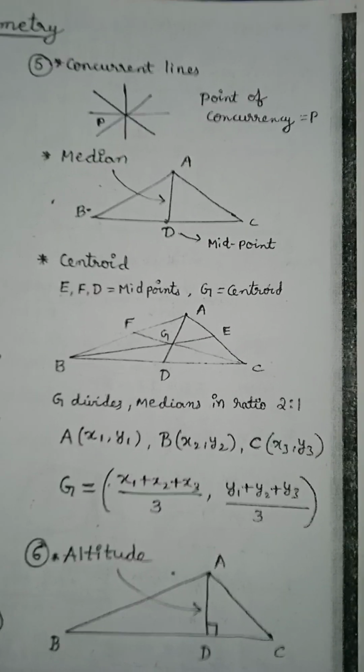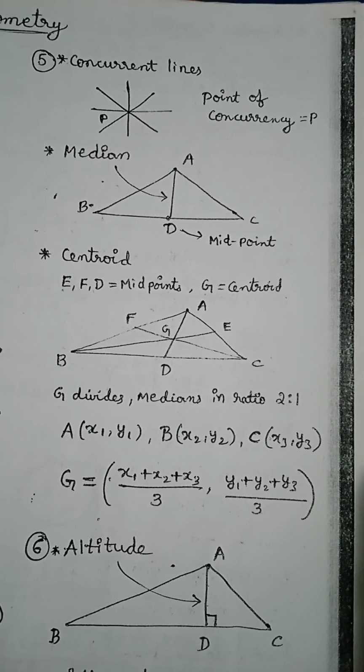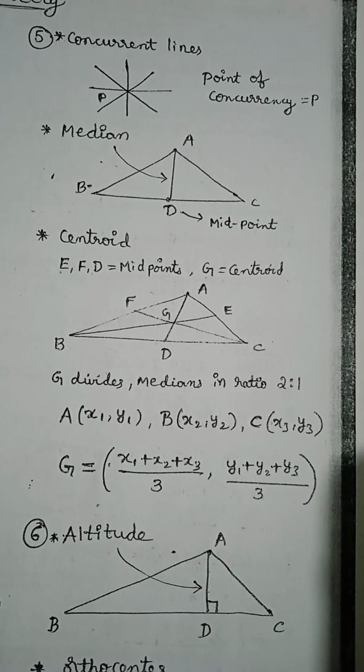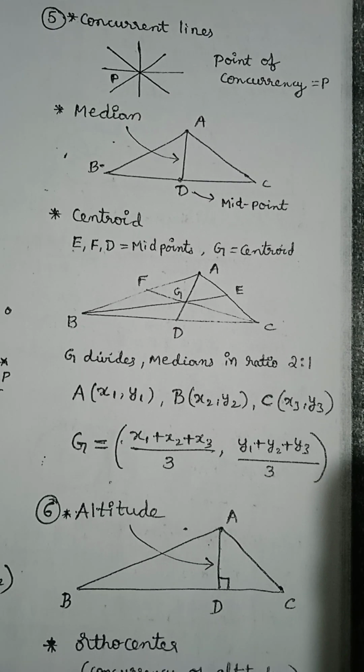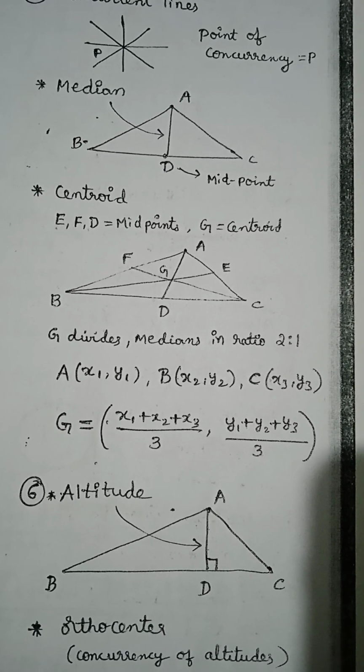Concurrent lines: the point of concurrency is P. Suppose median: the line passing through the midpoint is a median. Centroid: the intersection of medians is the centroid.